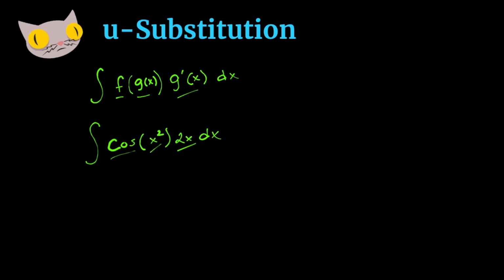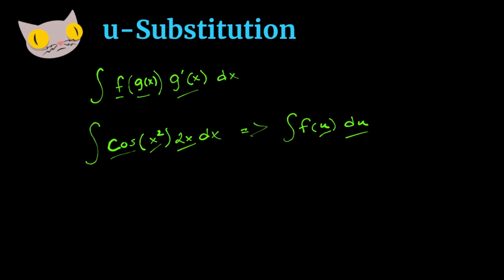When we have it set up this way, we can use u-substitution like this, where u is our g function and du is our derivative of that g function times dx. Then we would integrate the f of u function and then put the g function back in place of u.